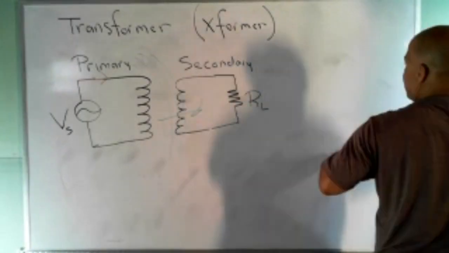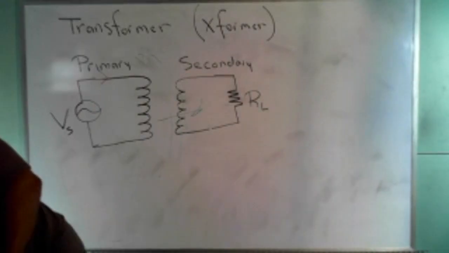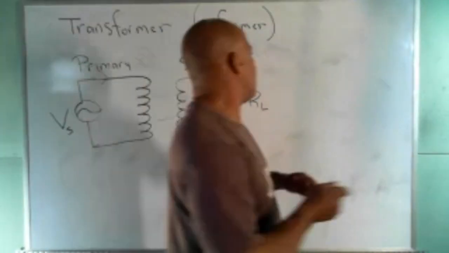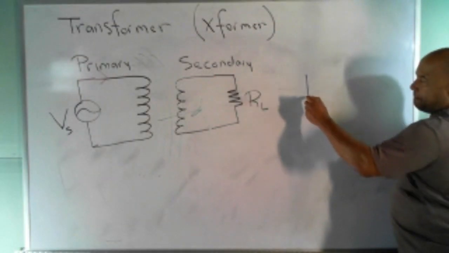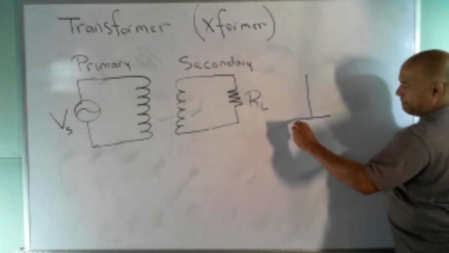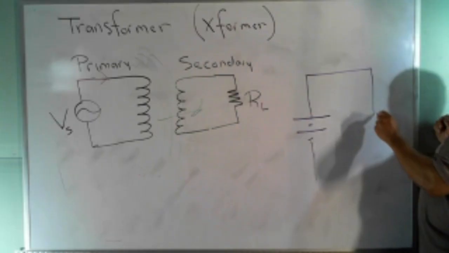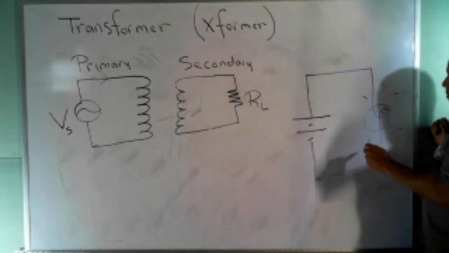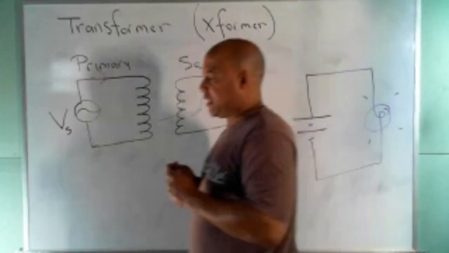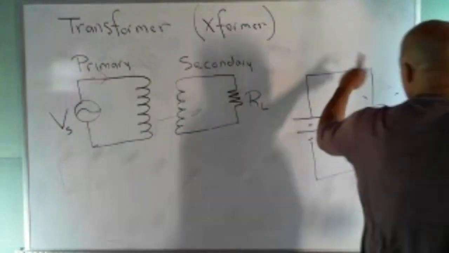Remember in DC, let me use my purple marker. Remember in DC, if you did this, let's say I take a battery and I hook it up to a light bulb. And of course, the light bulb will light up. But now, while that light bulb is lit up, I take a metal rod. Let's say this wire is bare wire.